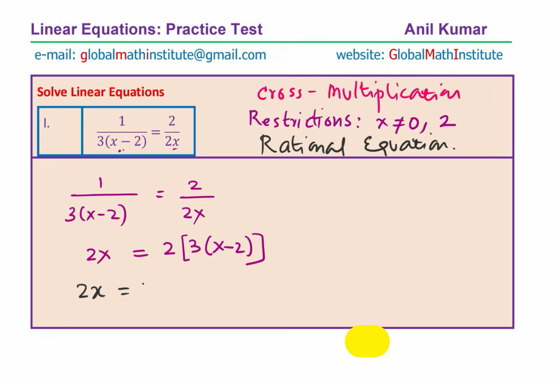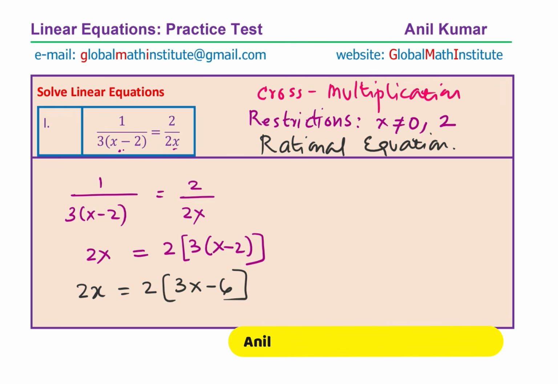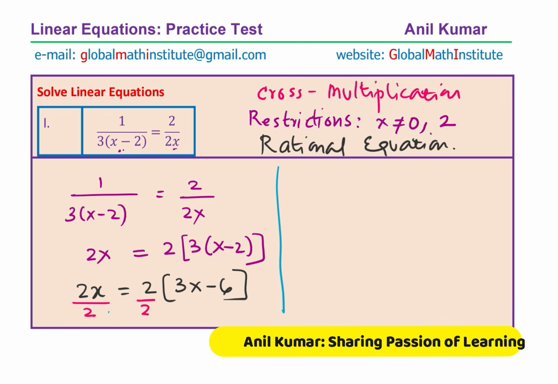So we have 2 times, let's open the bracket here, 3x minus 6. Is that clear to you? In the next step, I'm going to simplify this, dividing by 2 on both sides. So the 2 and 2 cancel, right? So we could write this as x equals 3x minus 6.